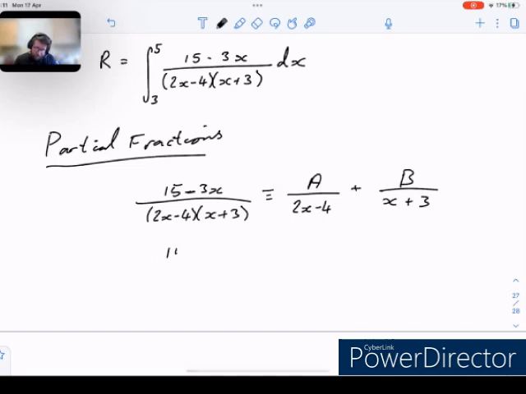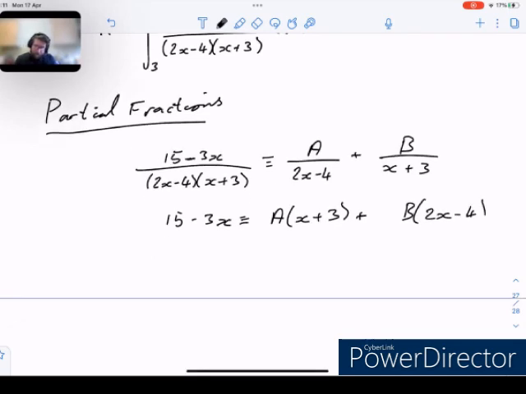So multiply up by the denominator, we get A times (x plus 3) plus B times (2x minus 4). Let's let x equal minus 3. So we're left with 15 plus 9, which is 24, equals B times (2x minus 4), so that's minus 6 minus 4.